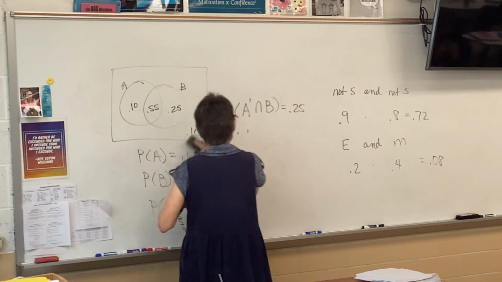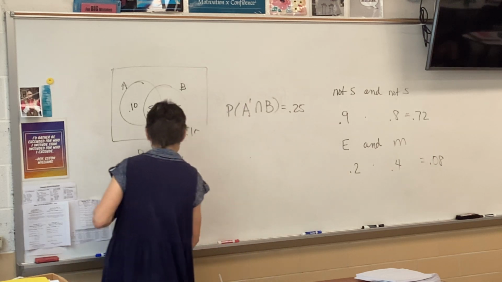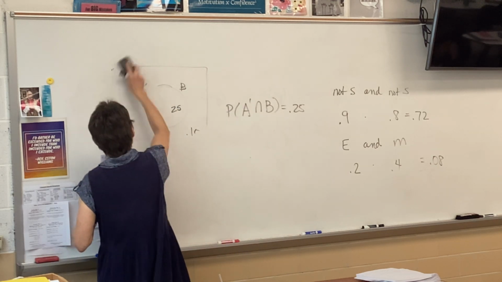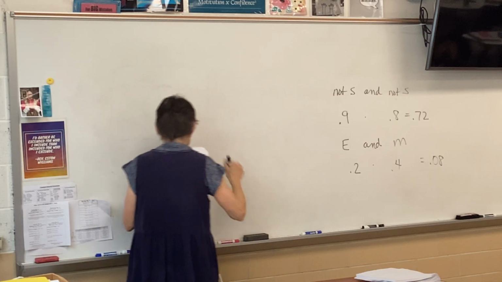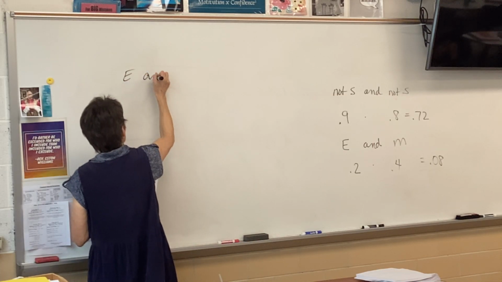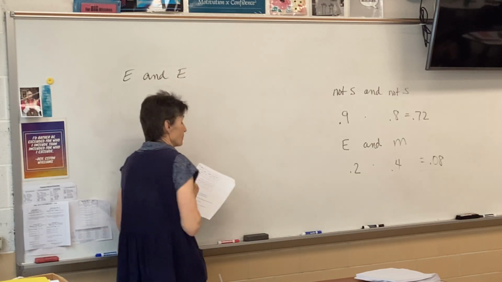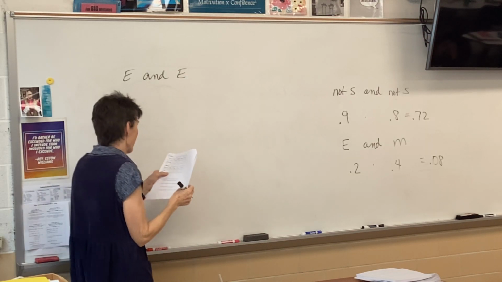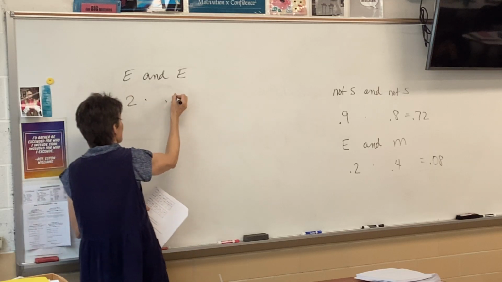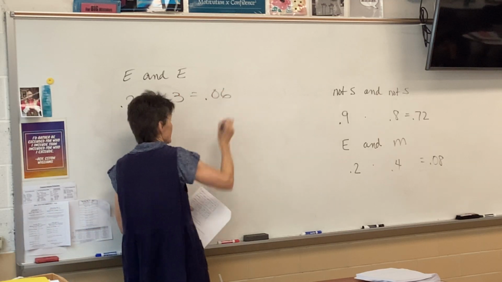Probability both will like English. So English and English. What's that gonna look like? 0.2 times 0.3, 0.06?